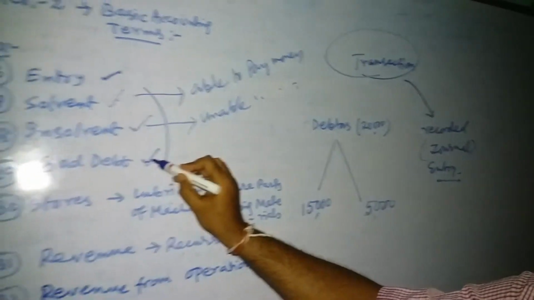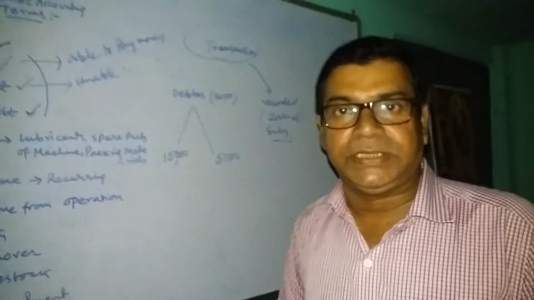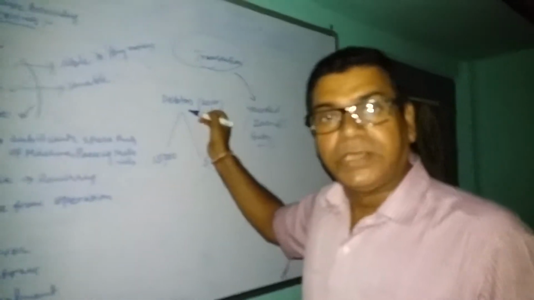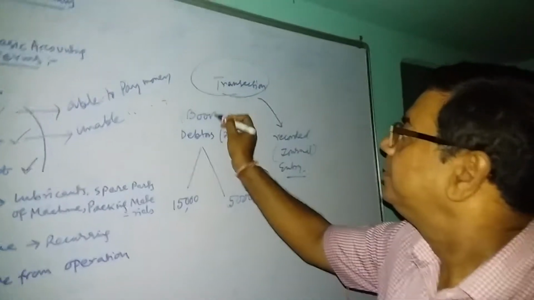And what about bad debt? Just listen. There is another word for debtors. Debtors का और एक word है, उसको बोलता है book debt.